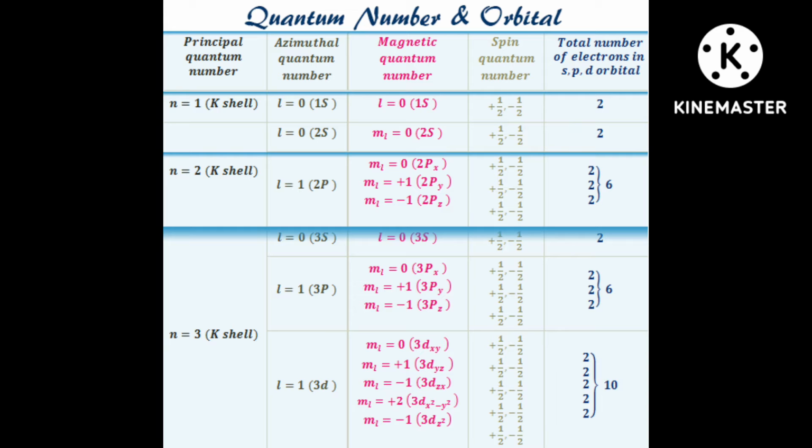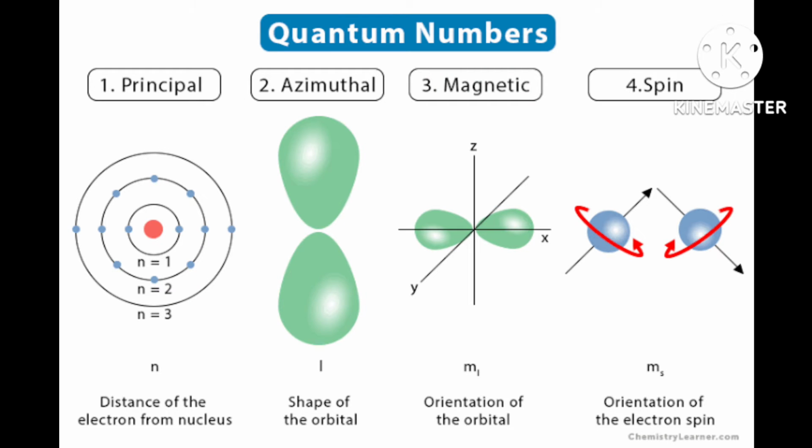For a given value of n, again I am telling you, suppose you know n, then you can know l. It will start from 0, 1, 2, 3, 4, like that way. That's why the end will be n minus 1. It can have values from 0 to n minus 1.